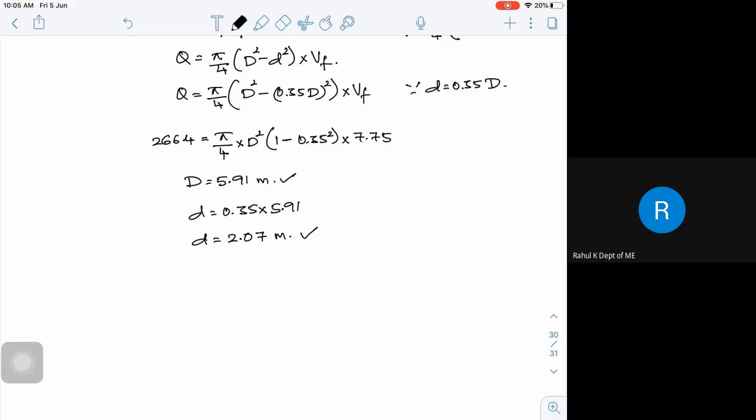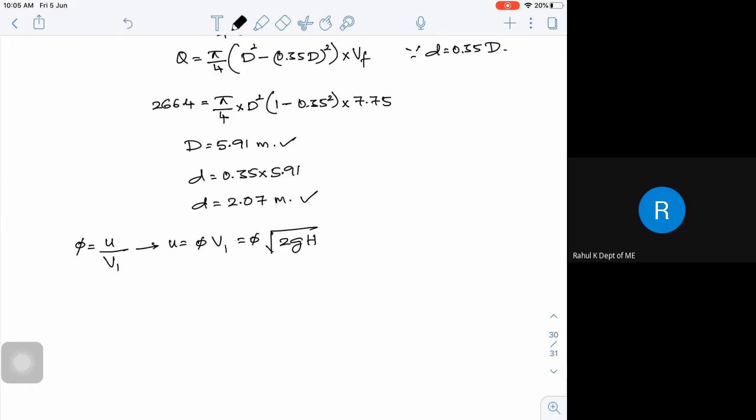Now what is the last thing we are supposed to find? We are supposed to find the speed of the turbine. How can I find the speed of the turbine? They have given the speed ratio. What is the speed ratio? Phi is equal to U divided by V1, or U is equal to phi into V1, which is equal to phi into root 2gH.